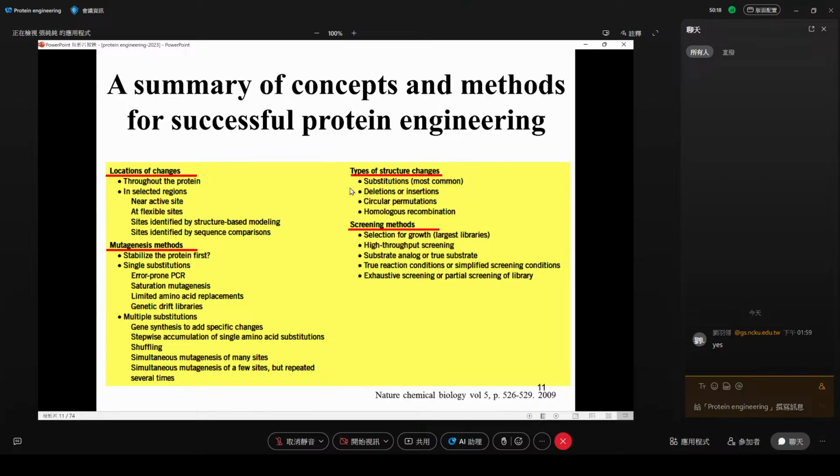And different types of mutation, such as substitution, amino acid change, or deletion, insertion, or the most popular one, like a knockout by homologous recombination, or different mutant forms will give you different results or different structures for this protein.